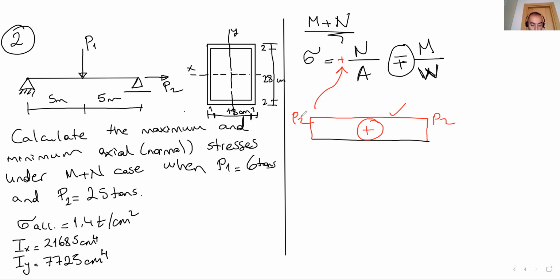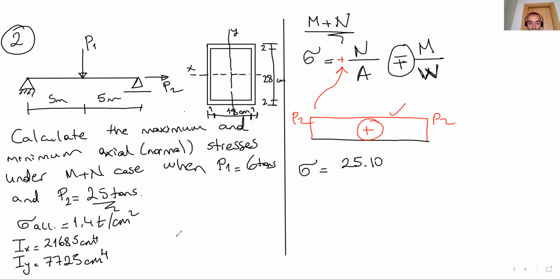Now, let's write the equation. Here, the sigma is axial force. Axial force is 25 tons.